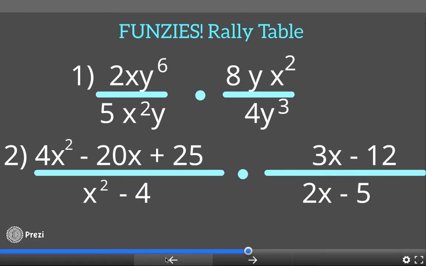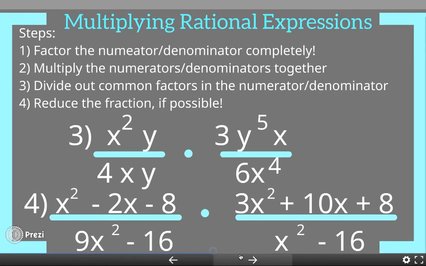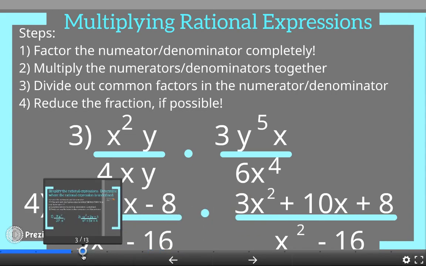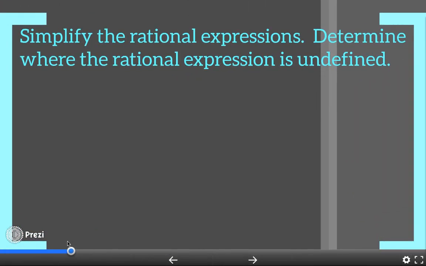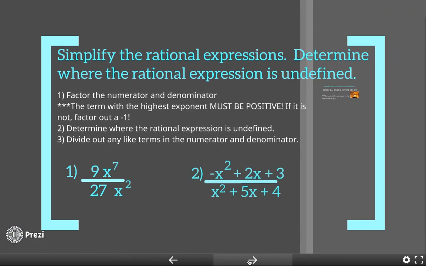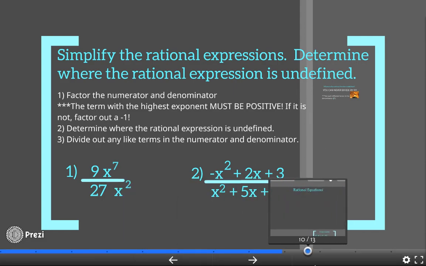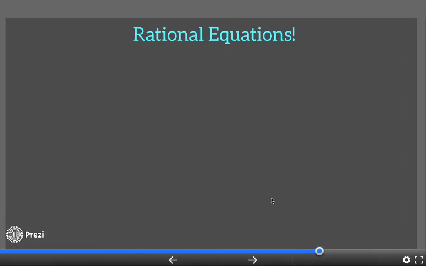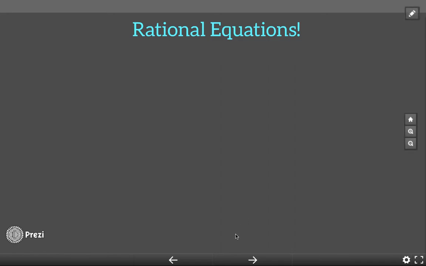That doesn't have an equal sign. None of the problems we dealt with had equal signs. So now we're going to be throwing equal signs into the mix through a rational equation. It's actually going to be very similar to the process that we've been doing. We just have an equal sign to deal with.